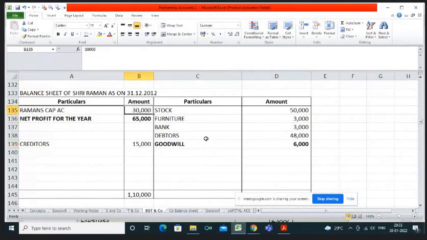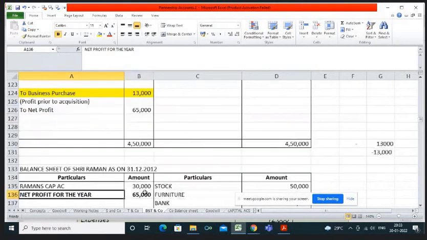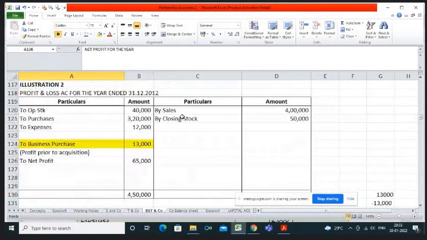And whatever capital introduced by Mr. Raman after 1/4, that will be part of Raman's capital account. And net profit for the next 9 months will be added here. And profit and loss account, ideally, we would have omitted that part of sales, expenses, purchases, which are from 1st January to 31st March. And the rest of that only should be part of our trial balance.